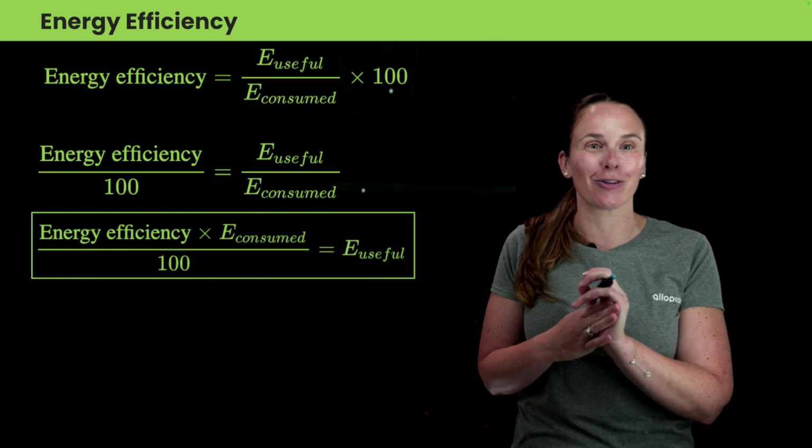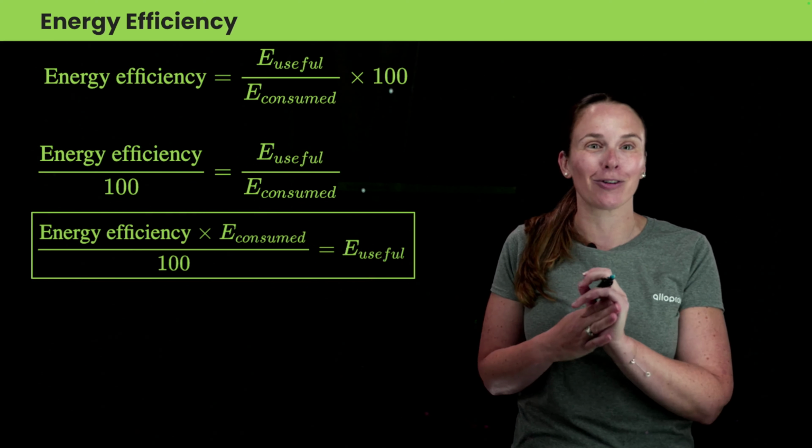So let's take that energy efficiency formula and try out a couple of examples. So here's our first one. A customer wants to purchase an energy efficient heater. They are given the following information about 2 models of space heaters. Which heater should the customer choose? So we have model A, which is an electrical heater, and model B, which is a gas heater.